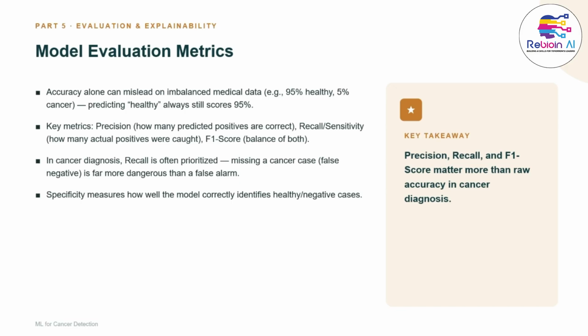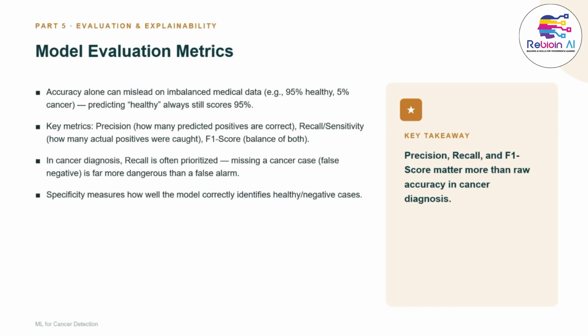In a data set where 95% of patients are healthy and only 5% have cancer, a lazy model that always predicts healthy would score 95% accuracy while being medically useless.